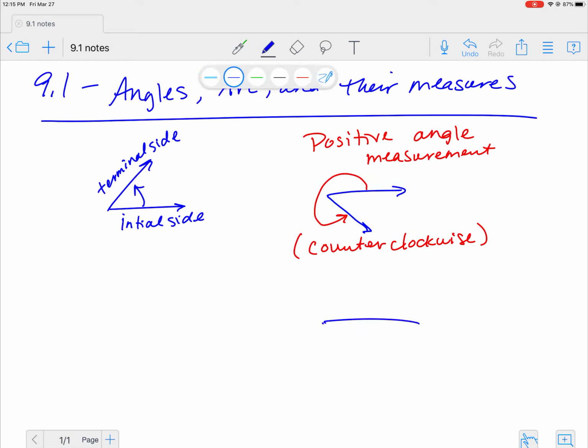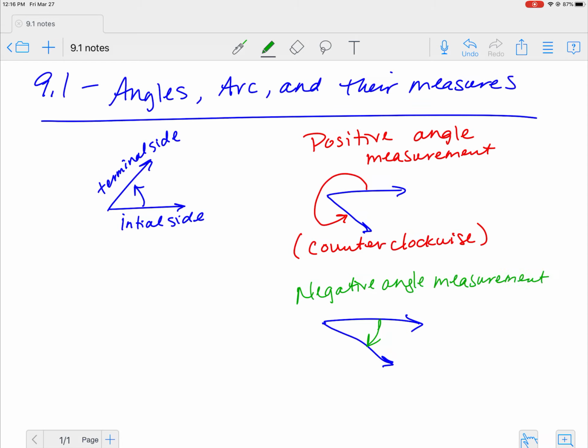Here's where you start, and you're coming all the way around to your terminal side. That's counterclockwise. If I have an angle that may look the same, but I'm going in the clockwise direction, that's going to give me a negative angle measurement.